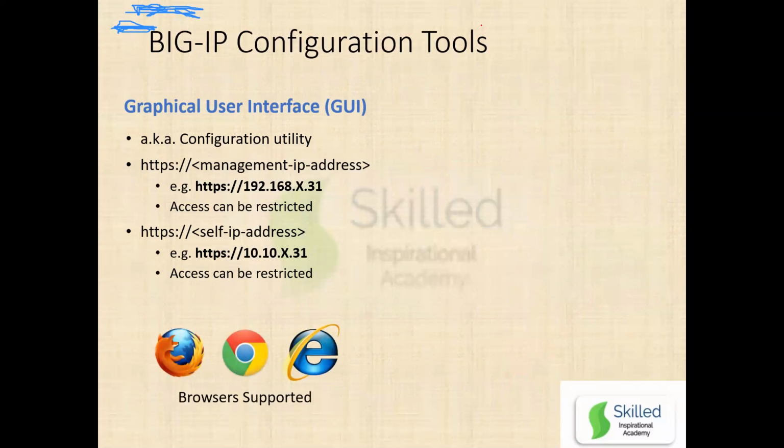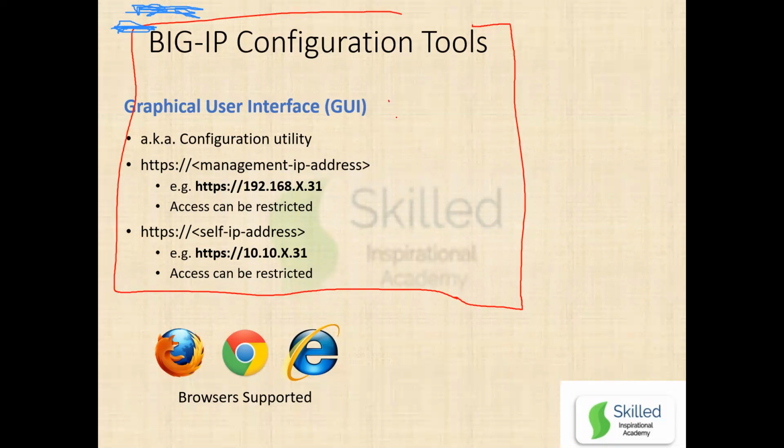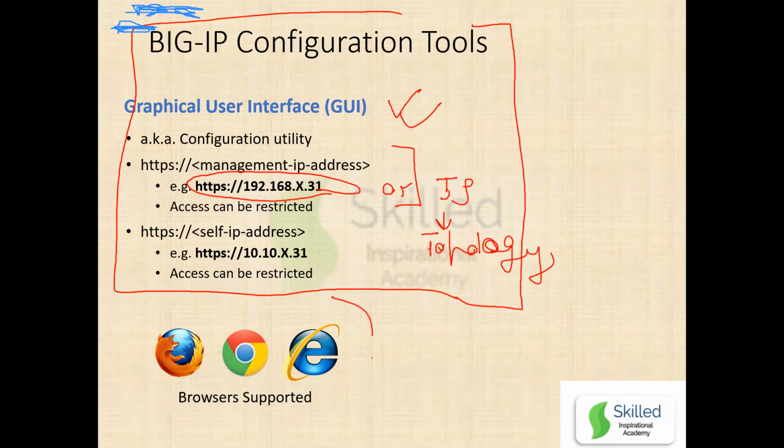Before that, I need to tell you how you can access your F5 initially. You can access your F5 through the GUI, by typing https:// followed by 192.168 or whatever IP address you have according to your topology. The supported browsers are Internet Explorer, Google Chrome, and Mozilla Firefox.